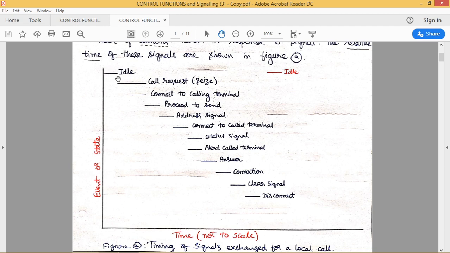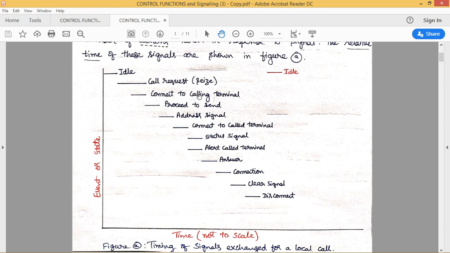Once the calling person takes his handset, a call request is sent to the exchange. The call request signal is also called the C signal. Once the call request is sent, a connection needs to be established.